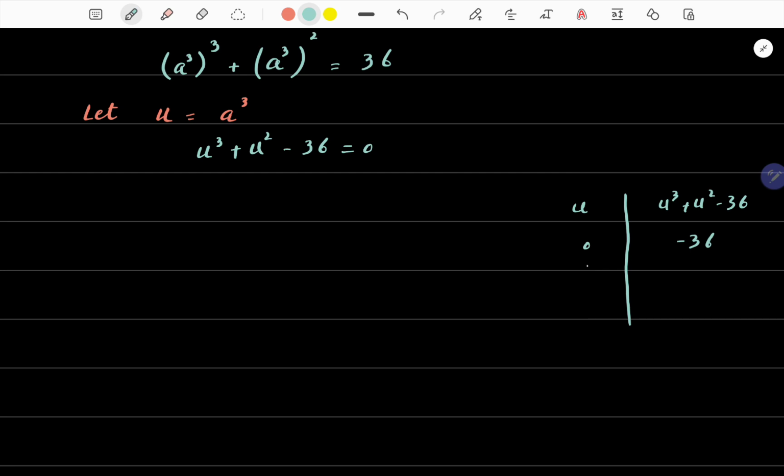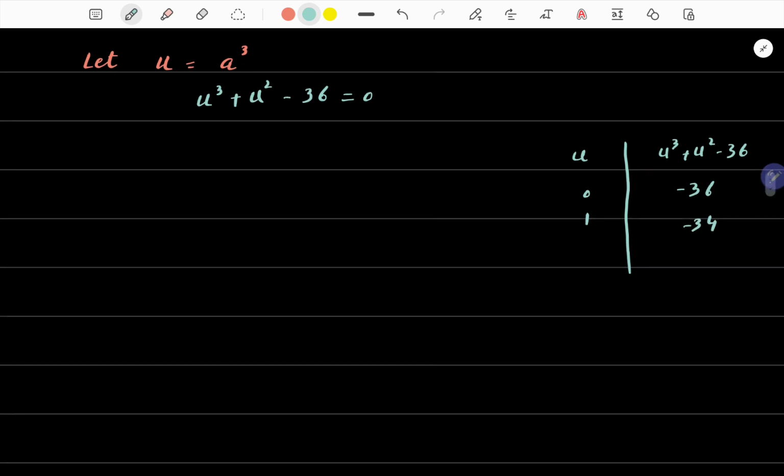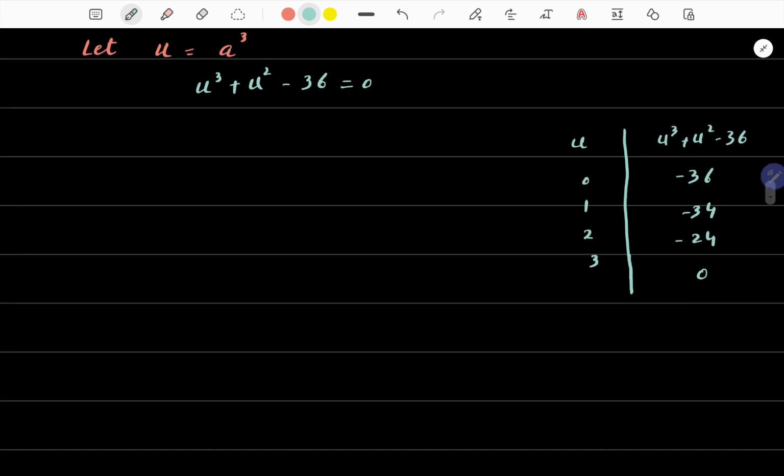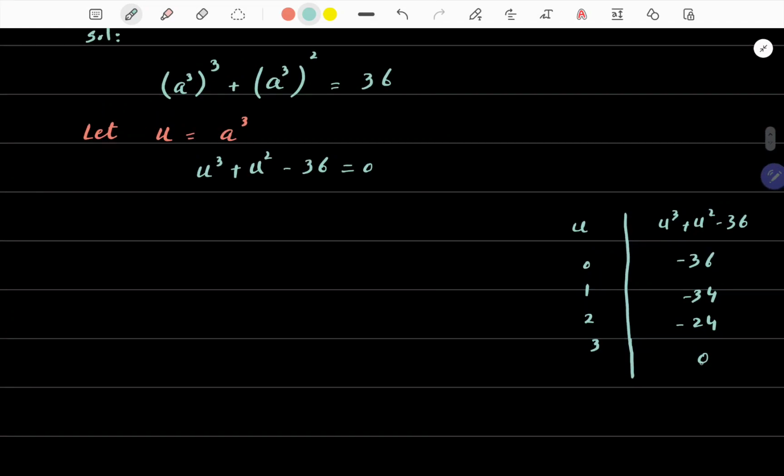If we take u is equal to 1, then it is equal to minus 34. If we take u is equal to 2, then it is equal to minus 24. And if we take u is equal to 3, then it is equal to 0. It means 3 is the root of this equation. So now we factorize this equation.